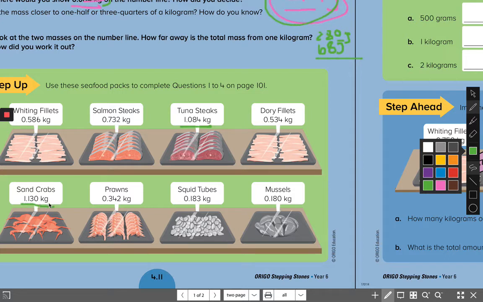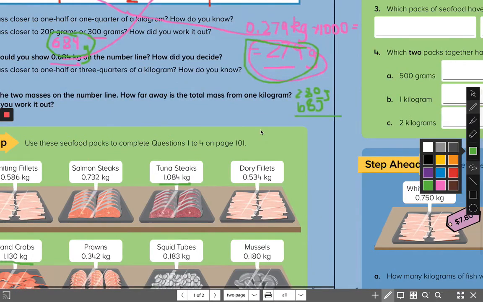I've just converted it into grams, and this is 1,084 grams, or if we're talking about kilograms, 1.084 and 1.130. So we actually can see that this is going to be the heavier mass. So sand crabs are going to be the heaviest.